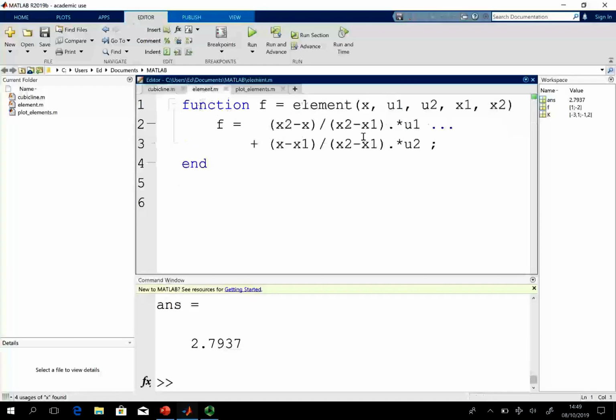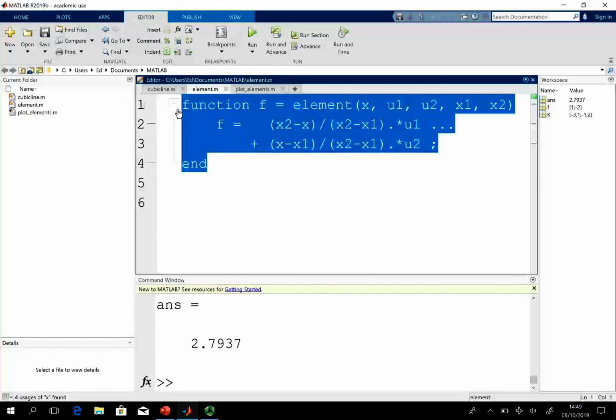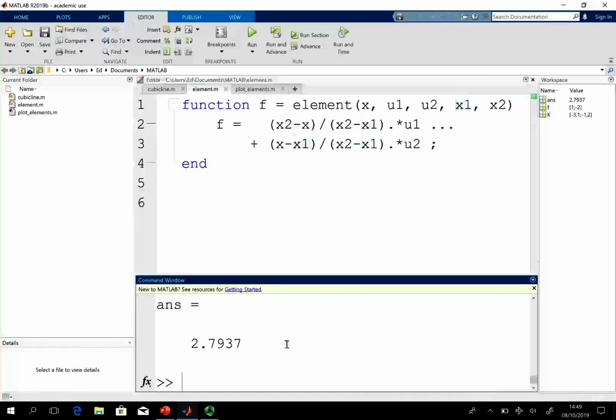We also have an expression for the element, which takes in the value of x, u1, u2, x1, and x2. Notice we have to specify each of the individual components in MATLAB. So here we'd put in the value of 0.5 that we had.